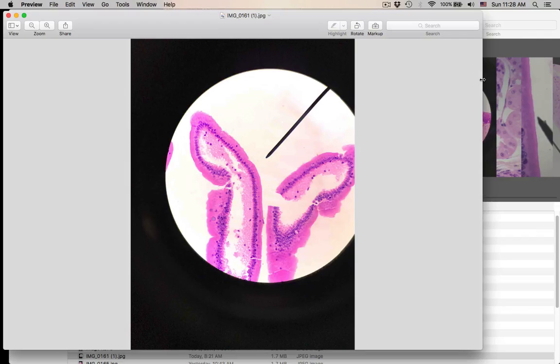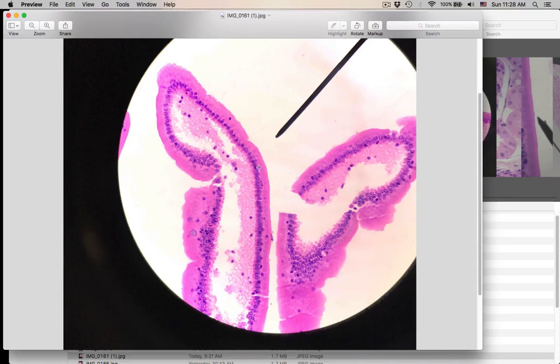This is number 19. Name the epithelial tissue that is facing the lumen here.